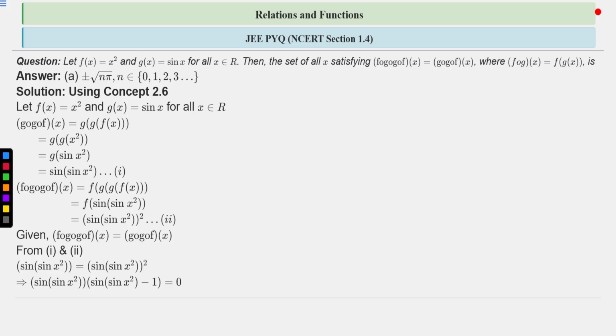When we put the right hand side to the left hand side, we can take sine of sine x square common, and we will get sine of sine x square into sine of sine x square minus 1.